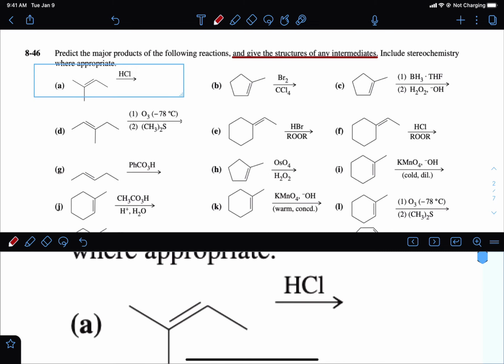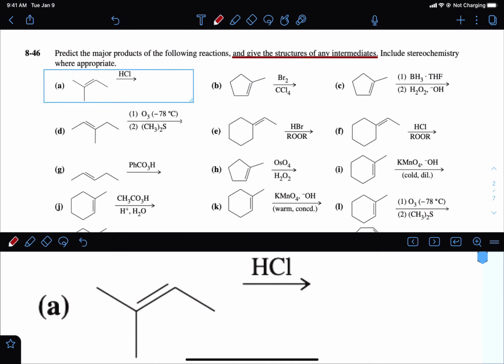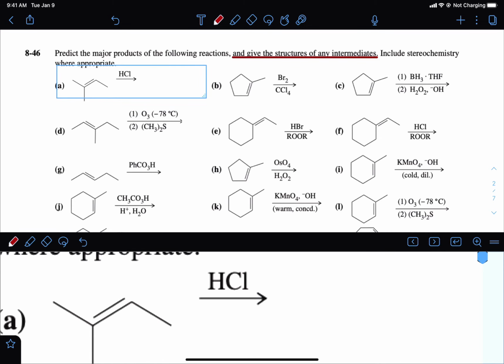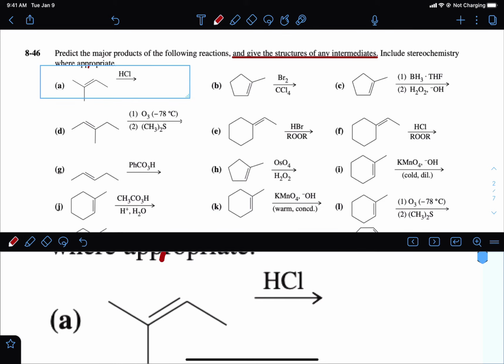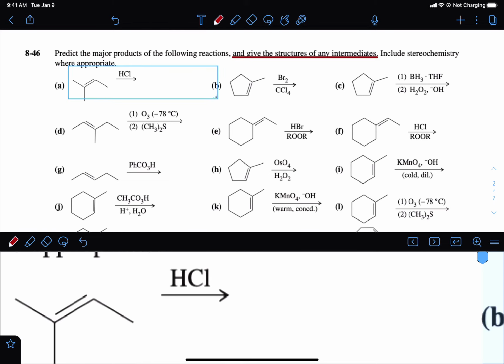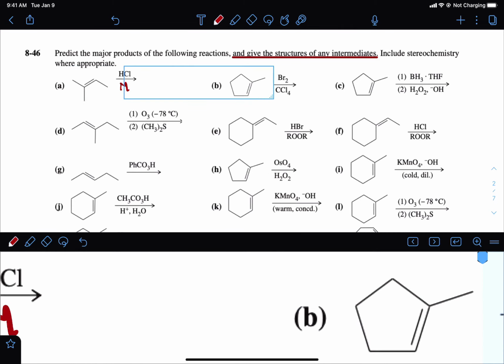So you can reference those mechanisms if you want. The point is to take the reaction, look at the starting material and the reactants, decide what kind of reaction it is, recall what the pattern is, and then apply that pattern to our structure. Okay, so alkene plus HCl, this is Markovnikov halogenation. We're adding HCl across the double bond. I'm going to put a little M here for Markovnikov. What that means, apply our pattern.